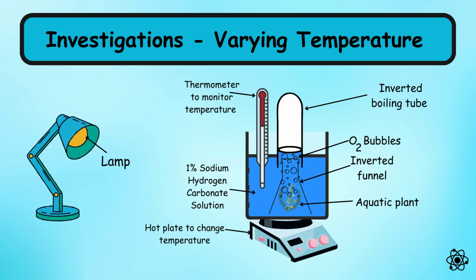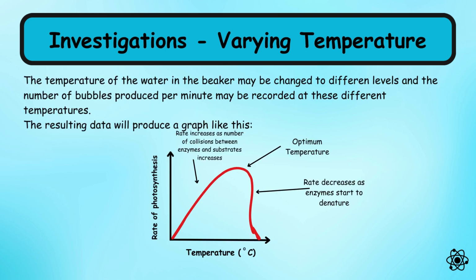A thermometer is used to monitor the temperature of the solution. A lamp is placed near the beaker and the distance of it from the beaker must be kept constant. To change the temperature, a hot plate may be used to heat up the solution in the beaker, and the rate of photosynthesis must be observed and calculated at different temperatures. The resulting data will produce a graph like this.